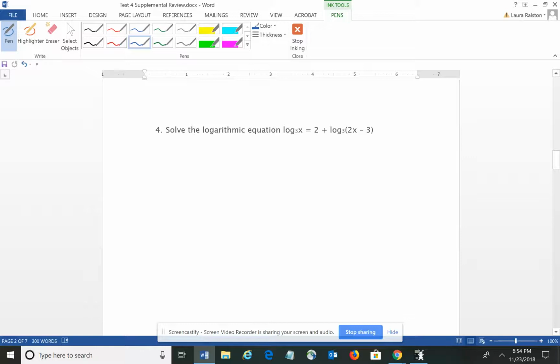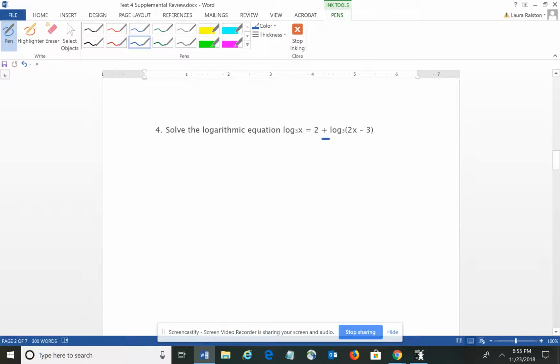All right, one more. Number 4 says solve the logarithmic equation log base 3 of x equals 2 plus log base 3 of 2x minus 3. Now, one of the things I notice in this problem is that initially the logs are on opposite sides of the equal sign. So the first thing I need to do is to get the logs together on the same side.